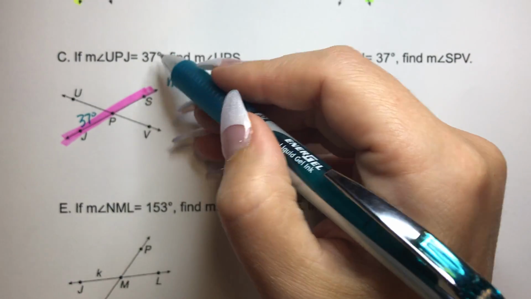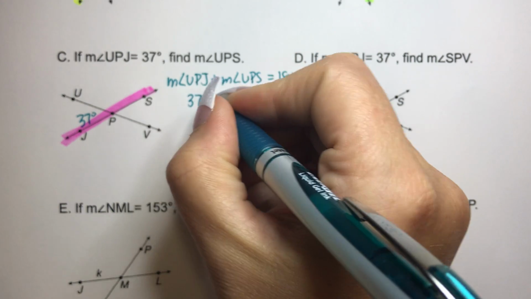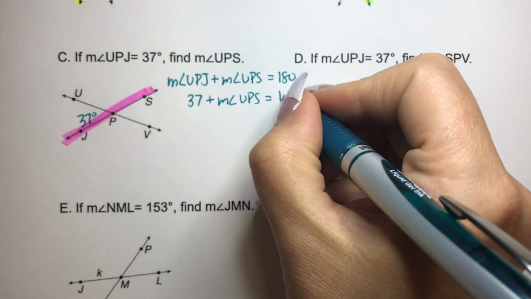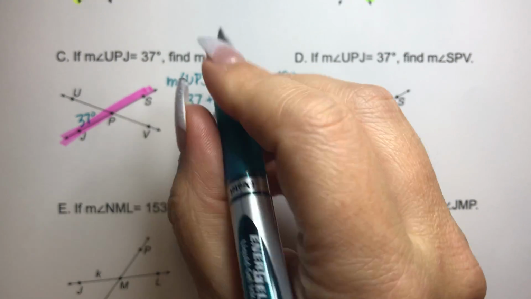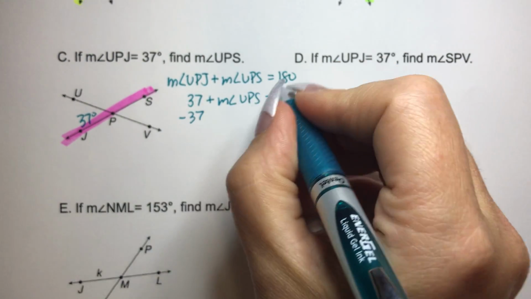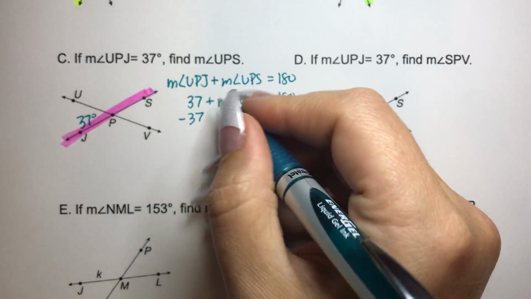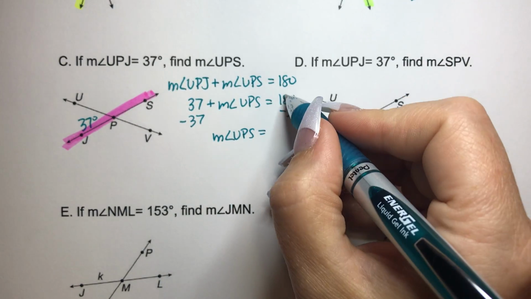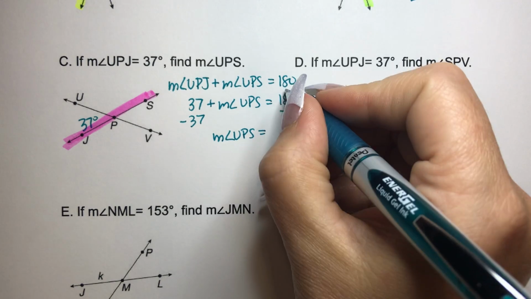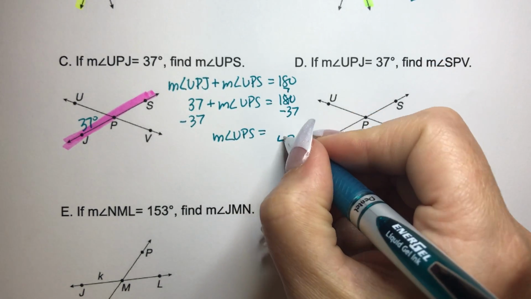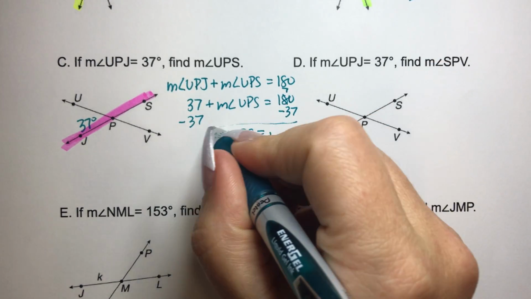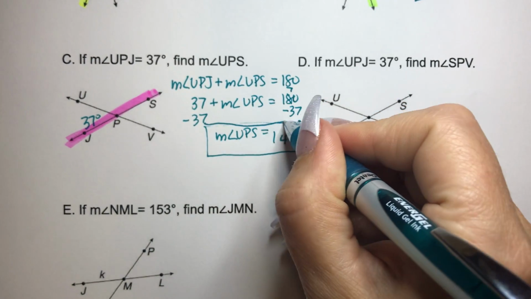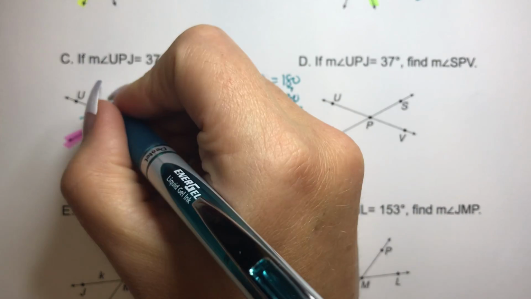We know UPJ is 37, so we can substitute that in. Then we'll use our inverse operations. We're going to subtract 37 from both sides. We have to borrow. 7 take away 3 is 4. So 143 degrees. That is what UPS is.